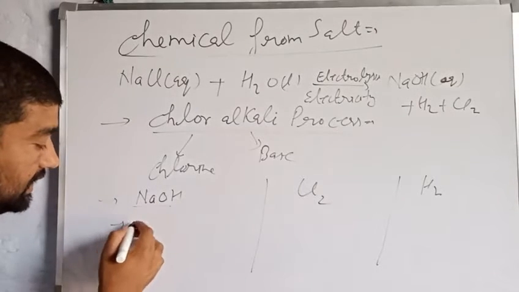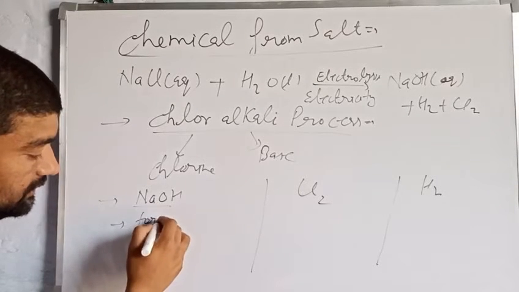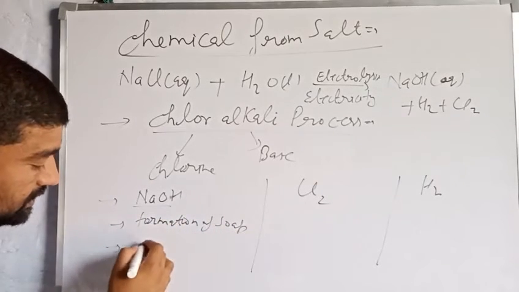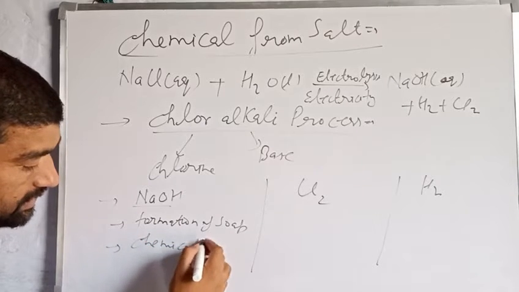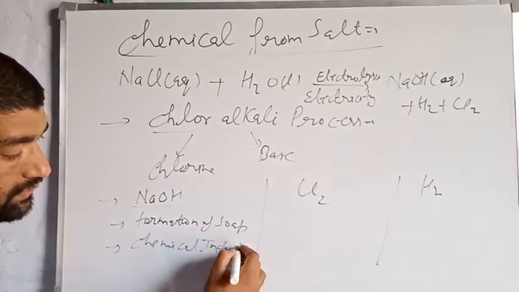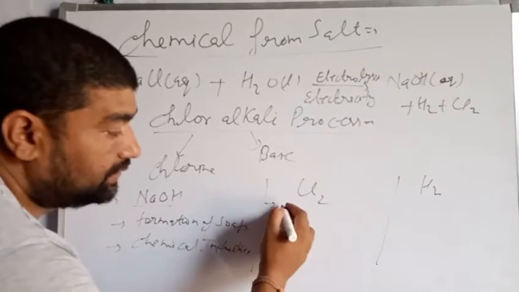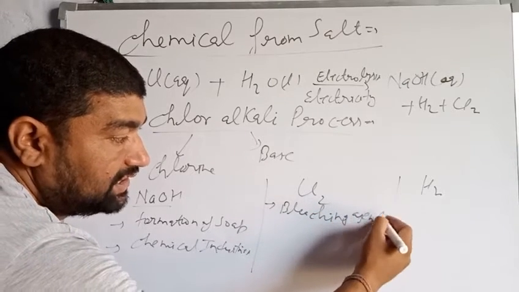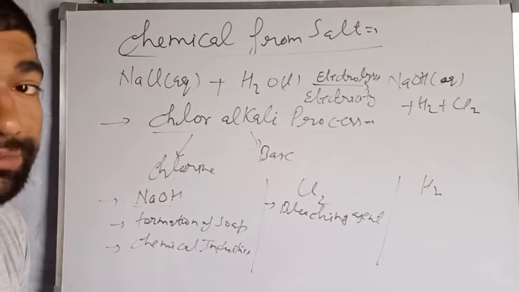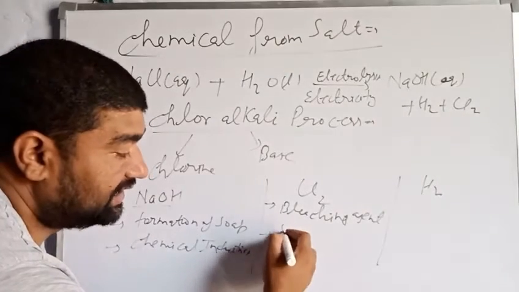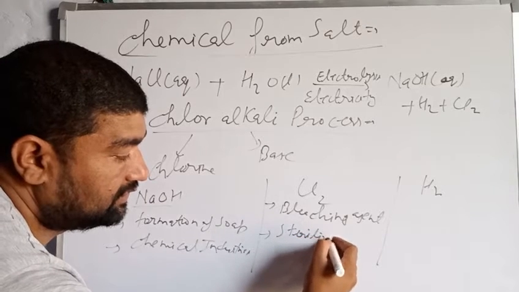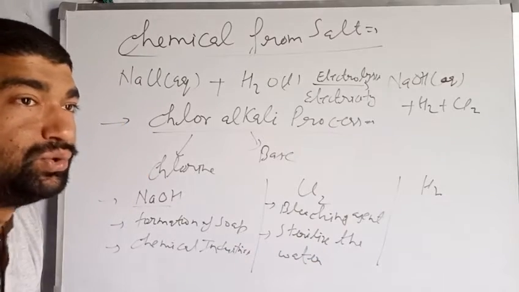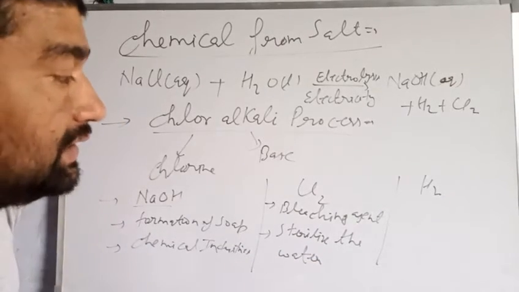Like we can use NaOH in the formation of soap or in the chemical industry, because we can produce a lot of products from that. Cl2 is the bleaching agent, so it can be used to produce bleaching powder, and it is used to sterilize the water, to get clear water.